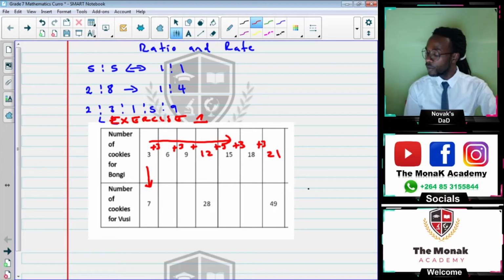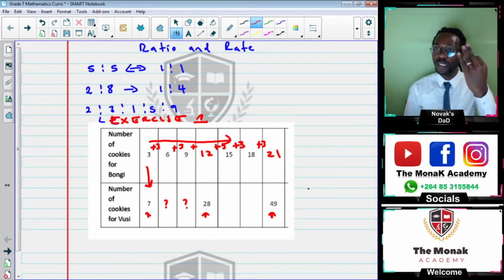Now if you look at these numbers here, we don't know what is here, so we can't figure it out just by looking at this one and the next one. But if we look at 7, 28 and 49, something is very familiar. You have done mathematical tables and you told me you love them. So 7, 14, 21, 28, 35, 42, 49, all of those are multiples of 7.